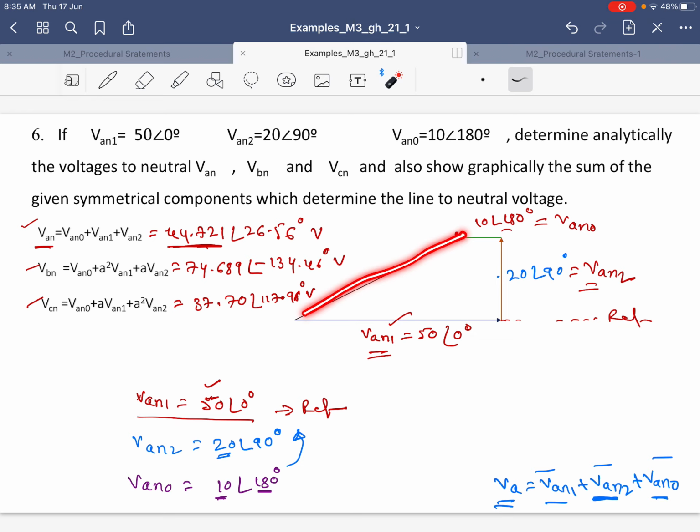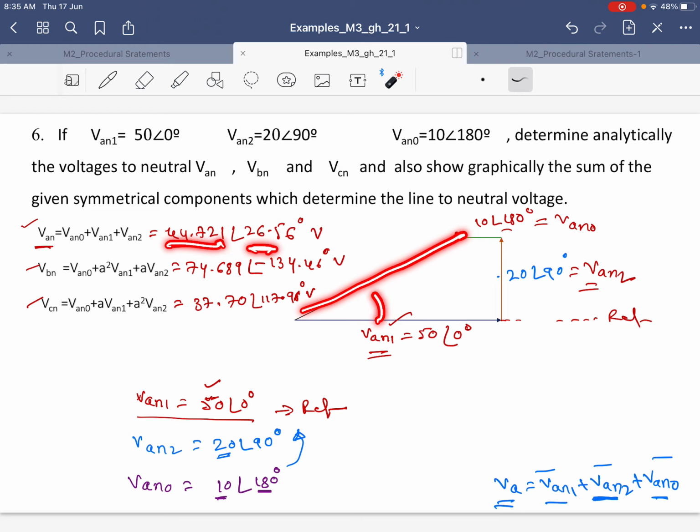If you are measuring this and converting to the scale, then you have to get 44.72. Whatever you are measuring here, you have to multiply with the scale you have taken, and then you get the magnitude of 44.72.